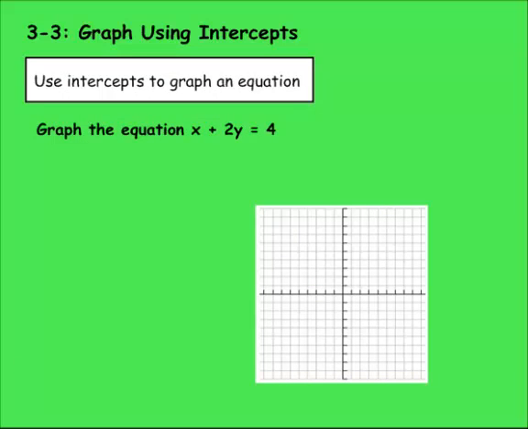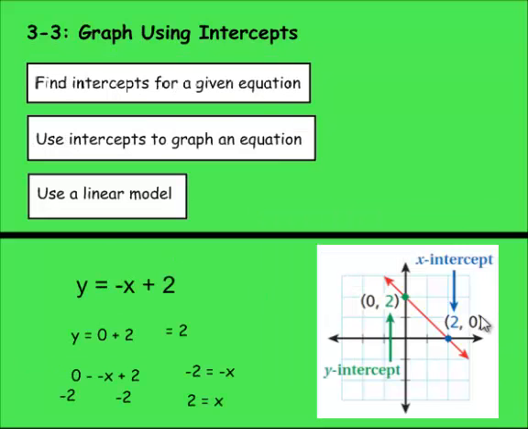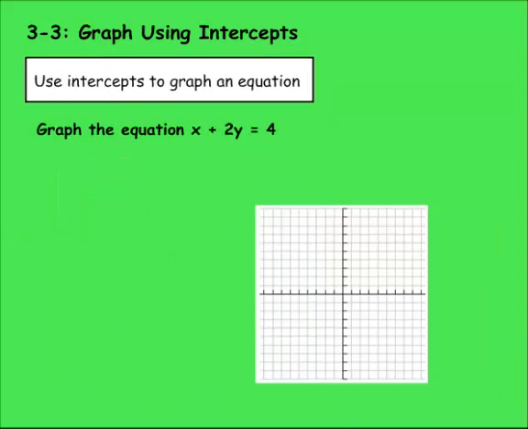Now we actually can graph this equation just using the intercepts. Let's find that x-intercept, so when y equals 0, so we do x plus 2 times 0 equals 4, or just x plus 0 equals 4, or x equals 4. So here's our first x-intercept.